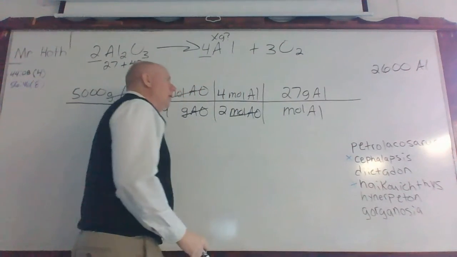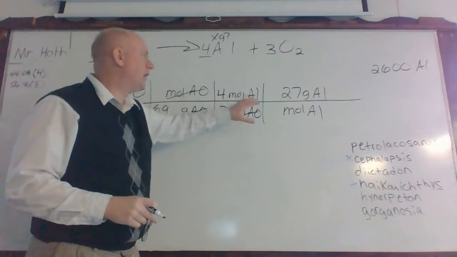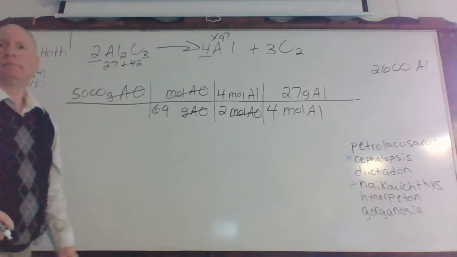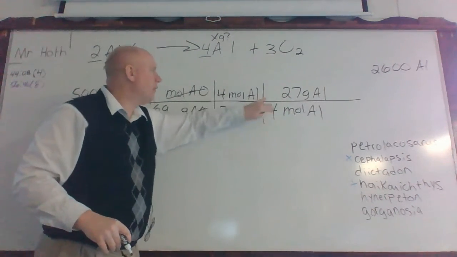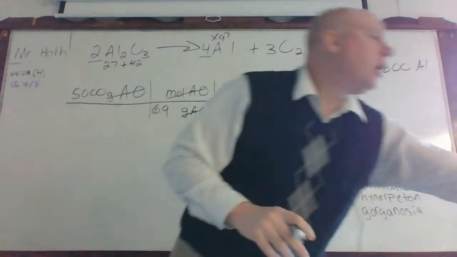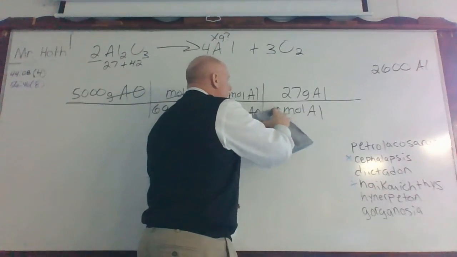Now, should we be in a hurry for some reason or another, we look at this. Why are we not doing that? Right, this is not a mole to mole ratio like it is here in step 3, because this is step 4. So take it back out of there.